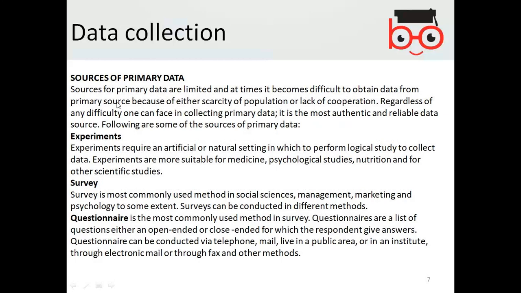Now, the sources of primary data. The sources for primary data are limited, and at times it becomes difficult to obtain data from primary sources because of either scarcity of population or lack of cooperation. Regardless of any difficulty one can face in collecting primary data, it is the most authentic and reliable data source.